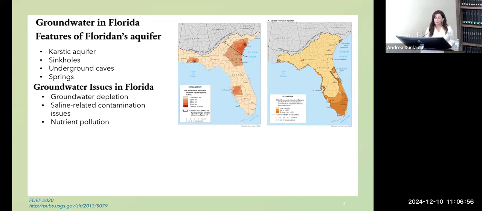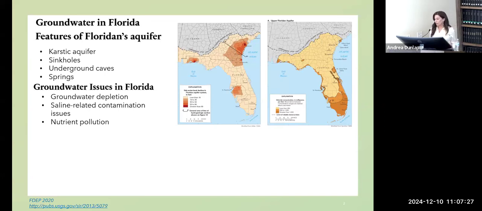These maps show the groundwater depletion and salinity-related contamination in the state of Florida. If you want to name the most important issues in Florida's groundwater system, based on the Florida Department of Environmental Protection and also the USGS, they reported groundwater depletion, salinity, and nutrient pollution.